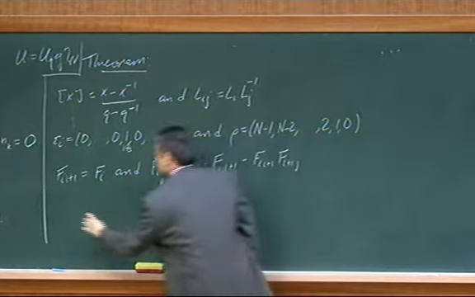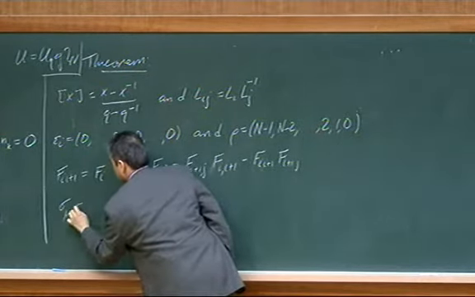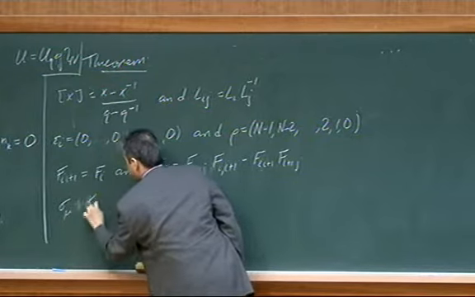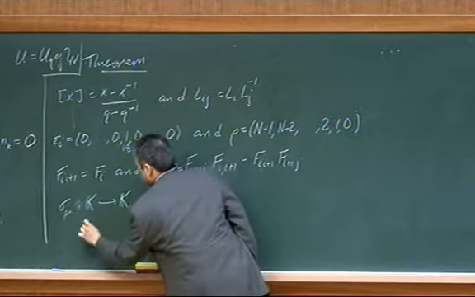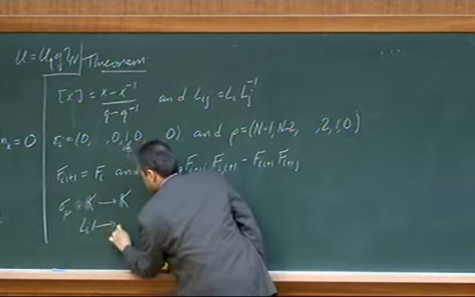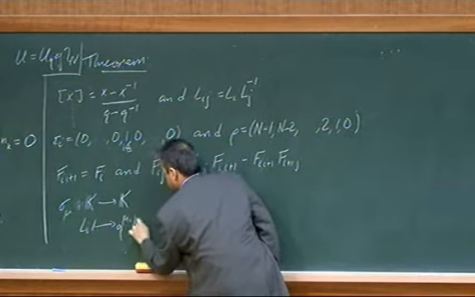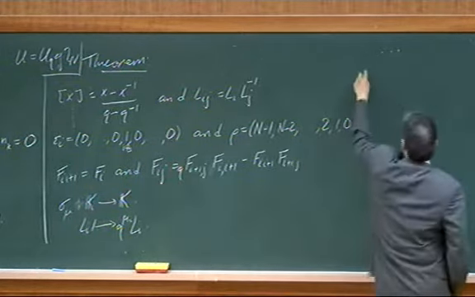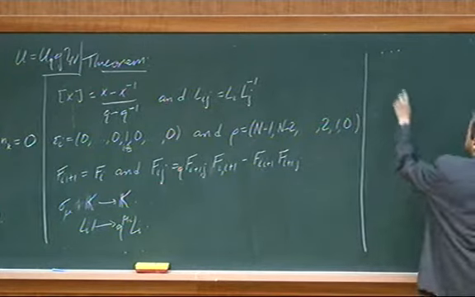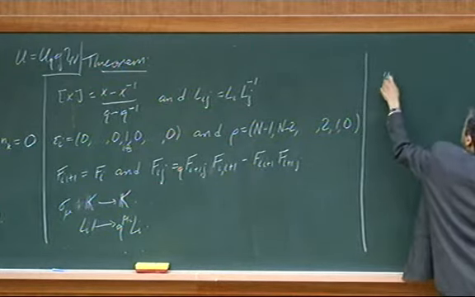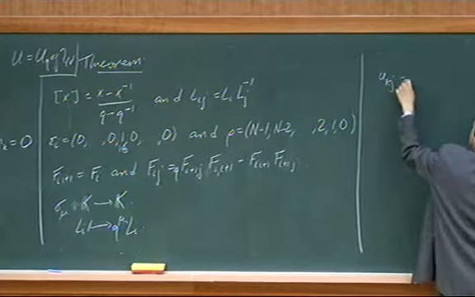And I remember that sigma_mu means the automorphism which takes L_i to q to the mu_i L_i. Okay, with this notation, let me tell you the answer to the U's.